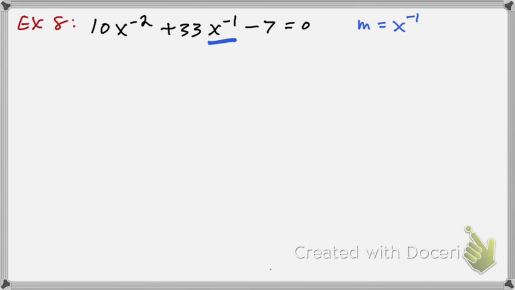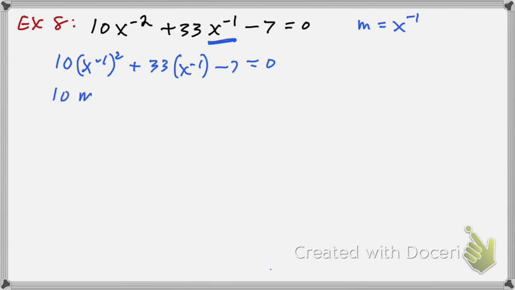So this is really 10 times x to the minus 1 squared plus 33 x to the minus 1 minus 7 equals 0. So every place I see an x to the minus 1 power, I'm going to put m. So I've got 10m squared plus 33m minus 7. And now we've just got a quadratic.